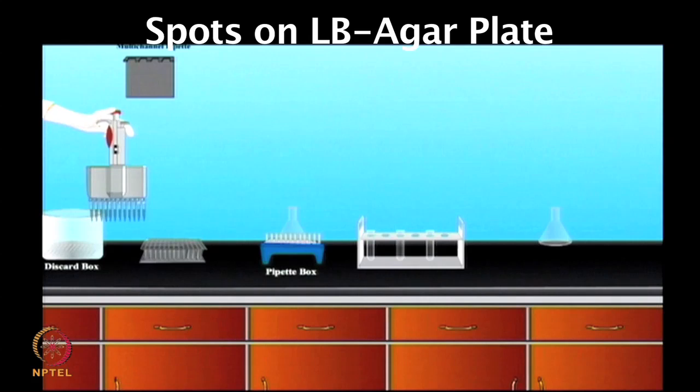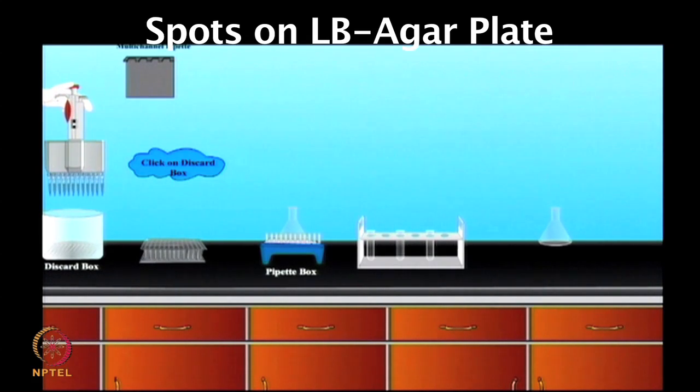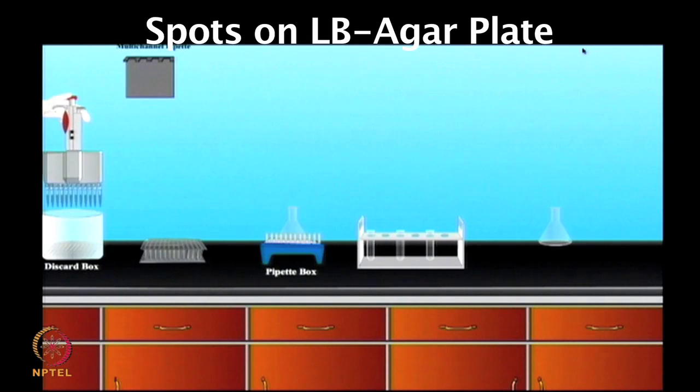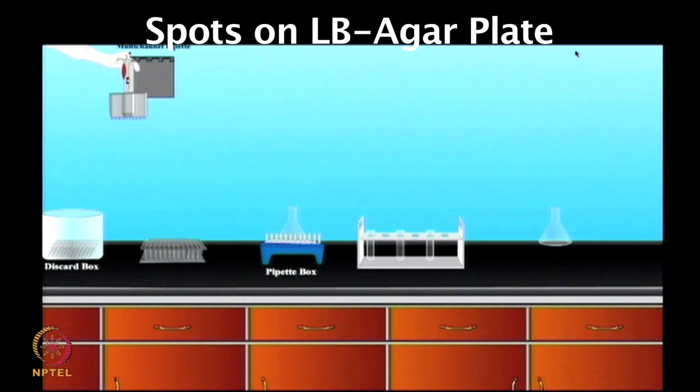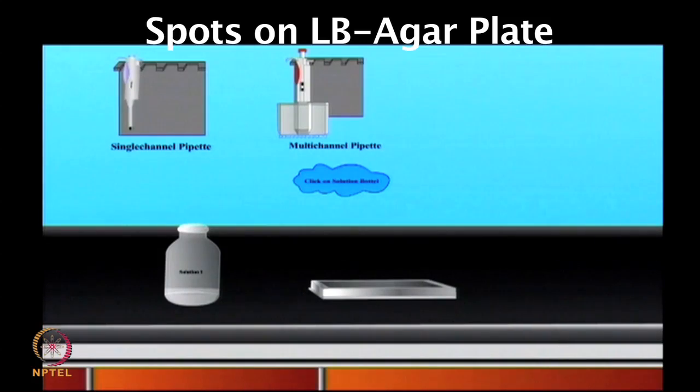Remove the supernatant from these bacterial cultures and discard the tips. Once you have completed that for all the wells, you are ready to perform the DNA plasmid isolation.